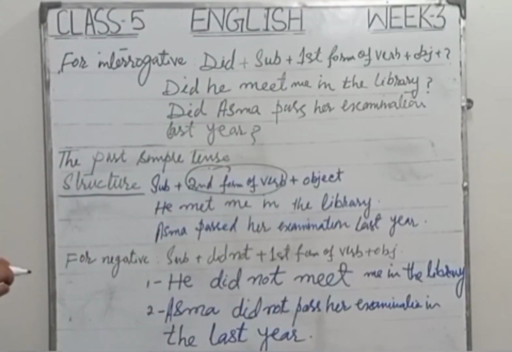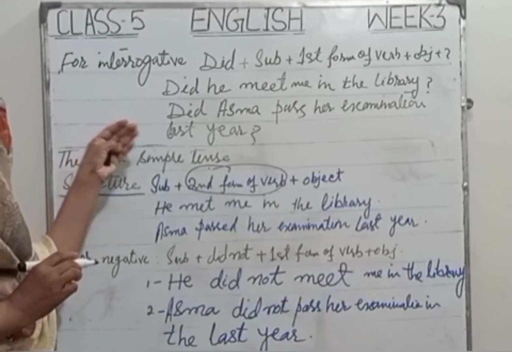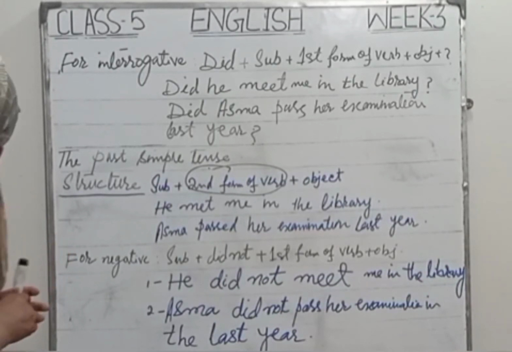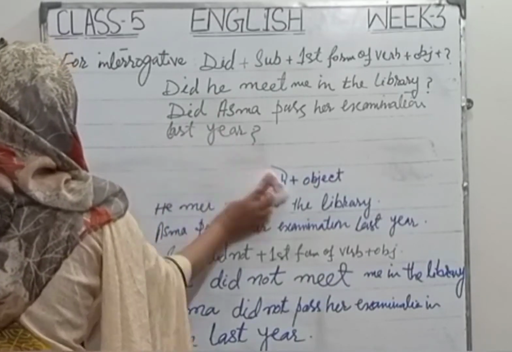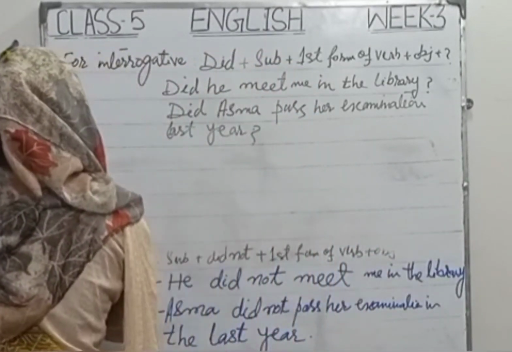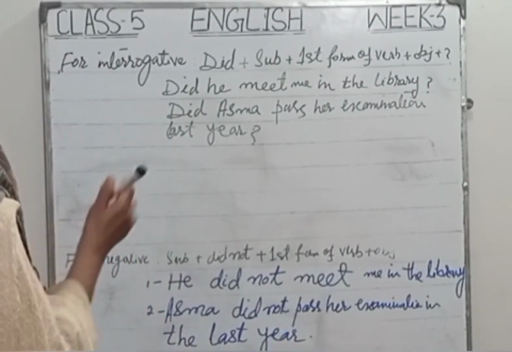I hope, students, you got these points. That is, how will you change into negative and how will you change into interrogative. Let's move towards translation. There are 4 sentences given in your exercise.